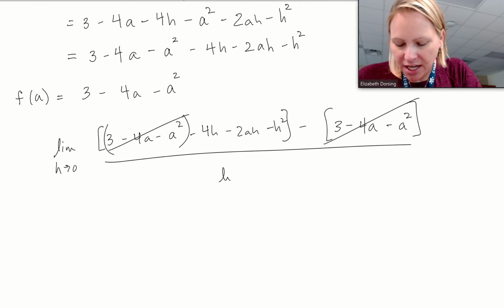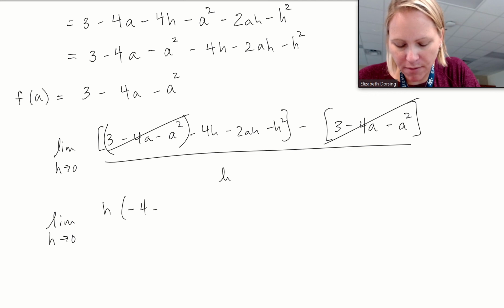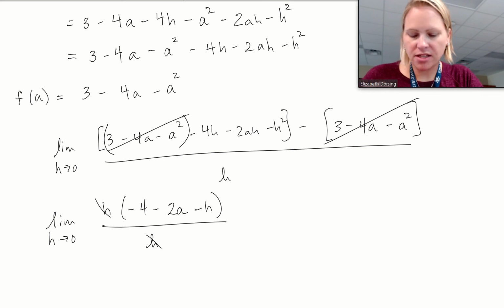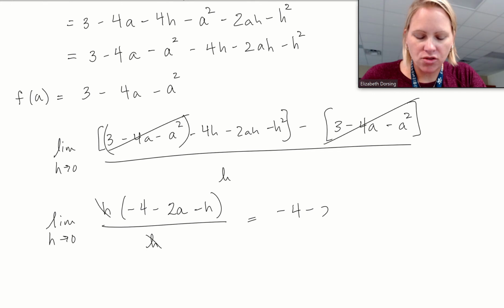I'm going to factor out an h, the limit as h approaches 0 of, let's see, h, and then I'll have negative 4 minus 2a minus h all over h. The h's will cancel as always, and when I plug in 0 for h, I get negative 4 minus 2a.